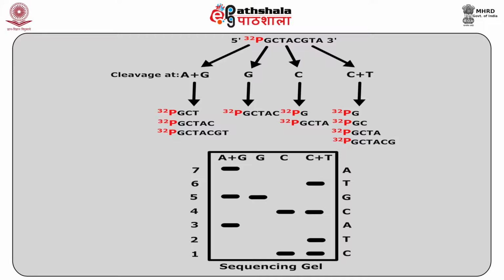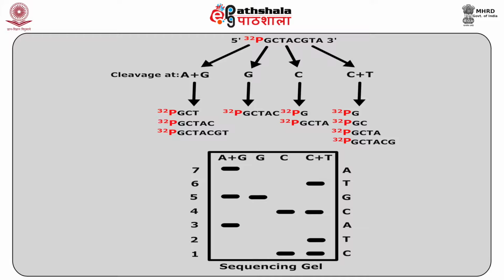The chemical treatment generates breaks at a small proportion of one or two of the four nucleotide bases in each of the four reactions. Thus, a series of labeled fragments is generated from the radiolabeled end to the first cut site in each molecule.